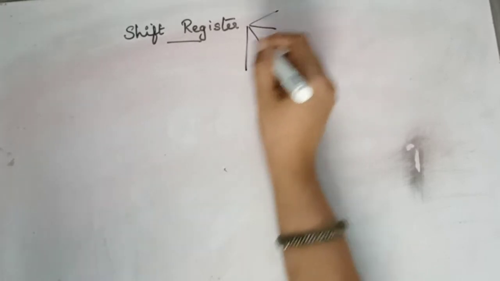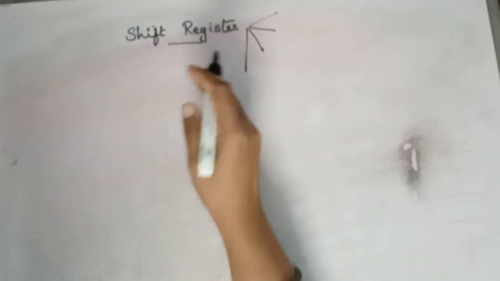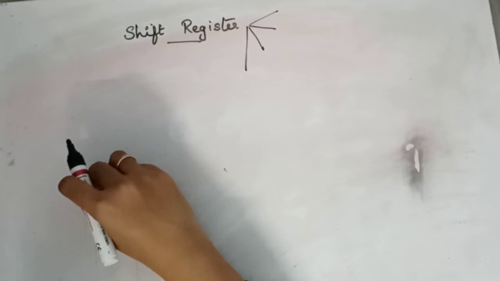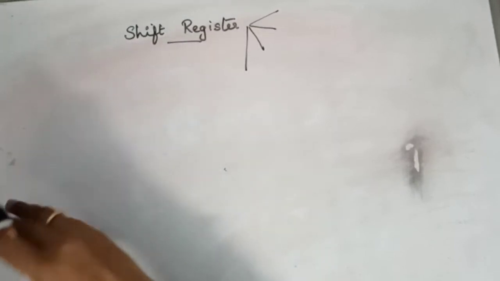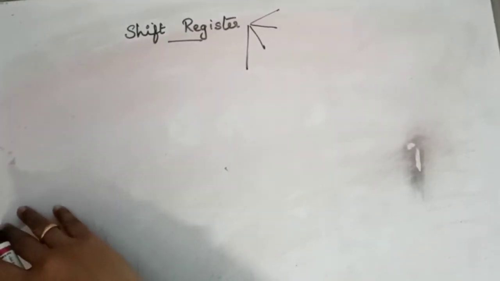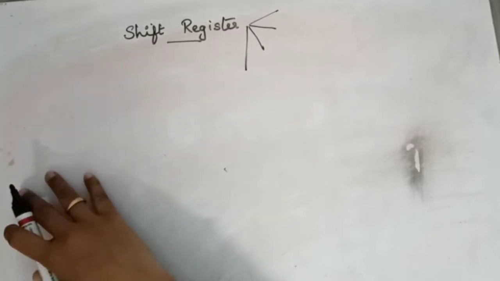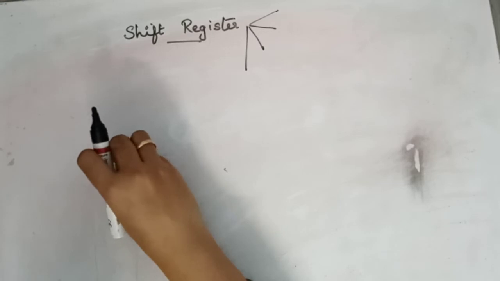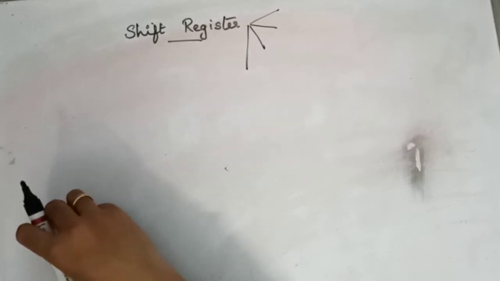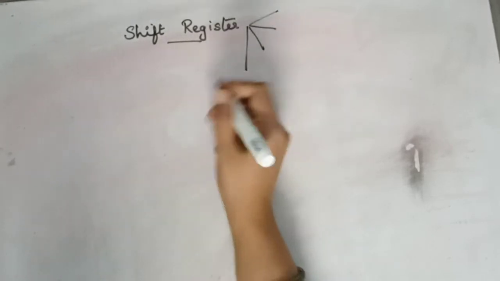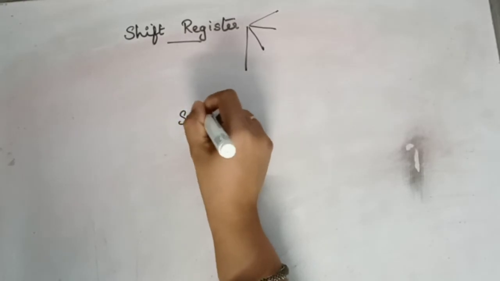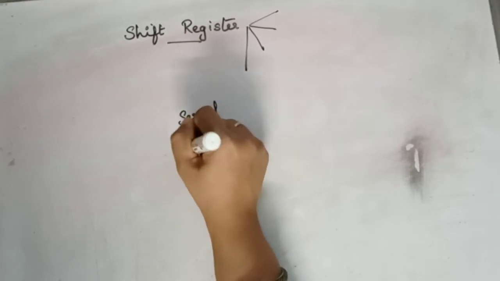Basically, you can input data into a register and you can retrieve data from the register. You can write into the register and read from the register. How do you write into the register? You can do it serially or in parallel.